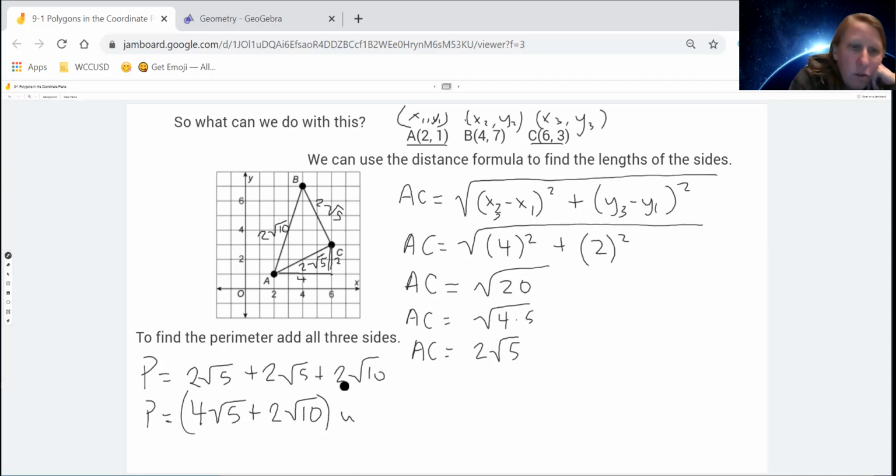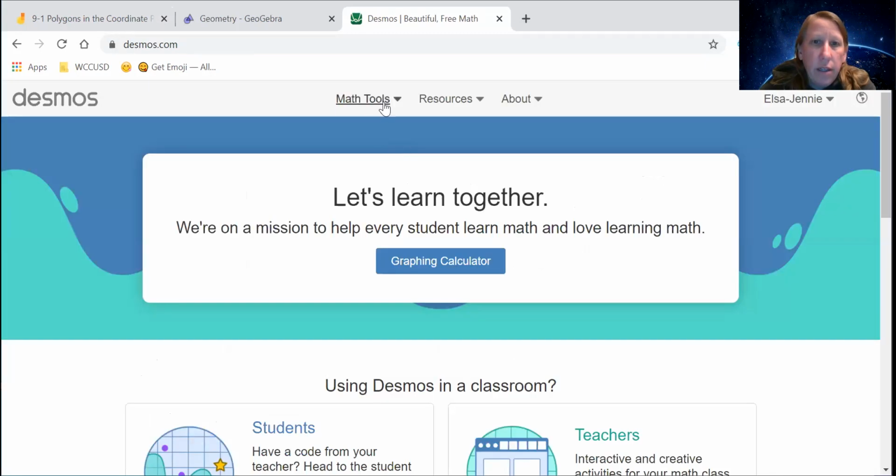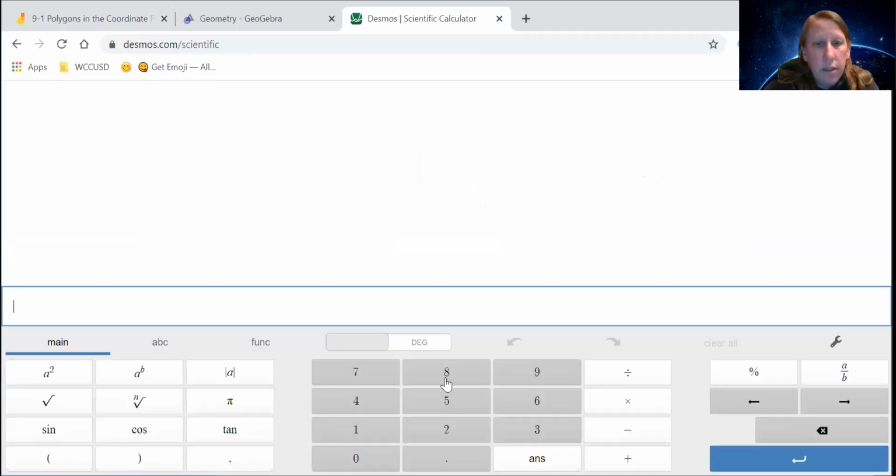If you wanted to figure out what that was, you could go put it into Desmos and type that in and see, oh, that's a decimal. I can do that. So I'll go type it into Desmos. Been using the scientific calculator recently. It's good to be familiar with it.